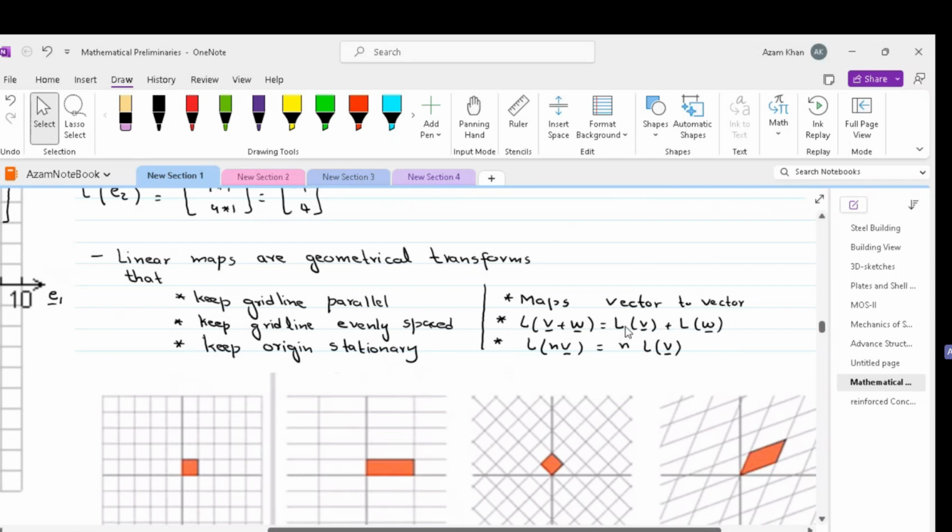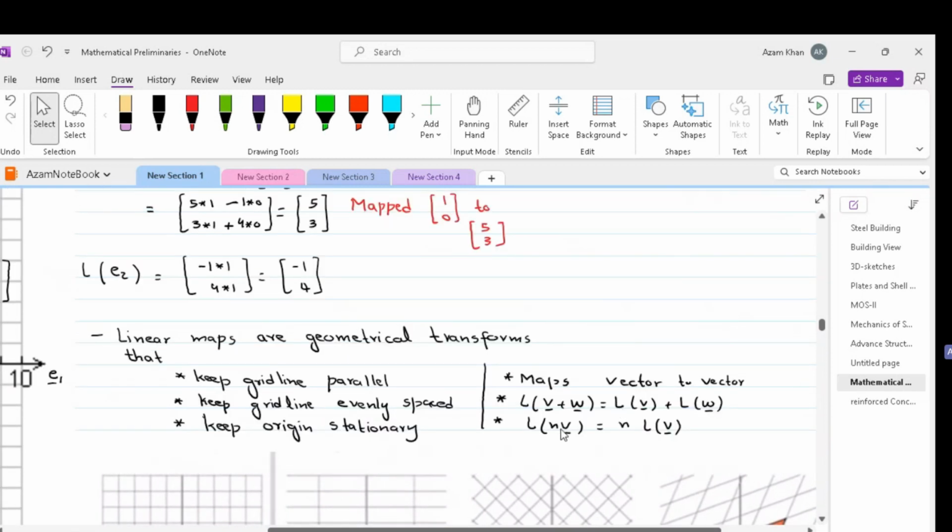The linear map applied individually onto particular vectors is equal to the linear map of the resultant of these two. The other property of linear map is scalar multiplication. We can have a particular vector within a space, multiply that with a scalar, and then operate the linear map onto it.